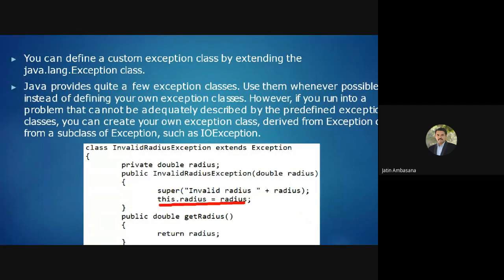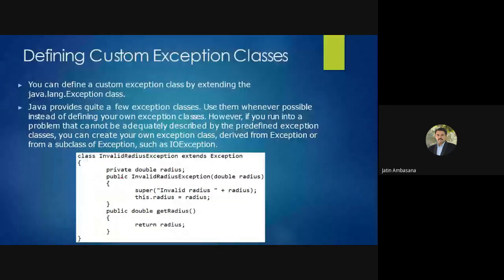And then you say this.radius is equal to radius. We are invoking the superclass constructor and also assigning the value to a variable. So this is your own exception class.